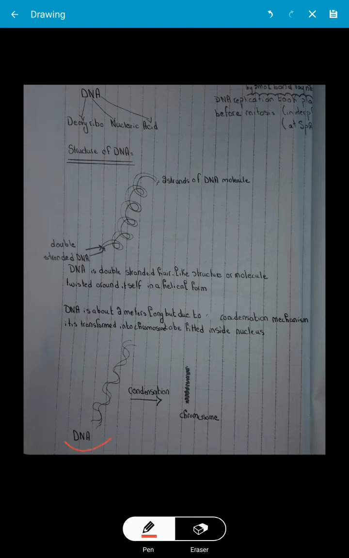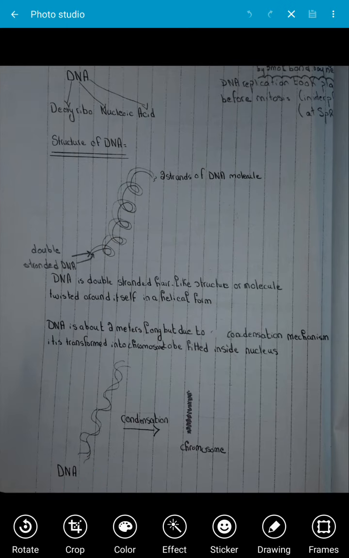It becomes tightly packed. So DNA is deoxyribonucleic acid. It is double-stranded, with a twisted or helical form. It is 2 meters long, but it is condensed inside the chromosomes in order to fit, okay?